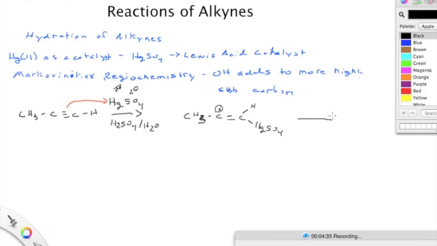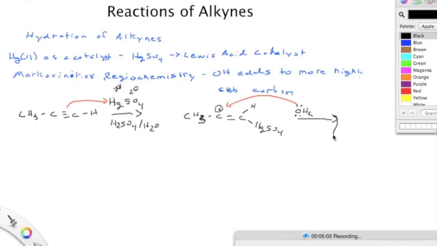And the next step is now our nucleophile. Remember, we're doing this in sulfuric acid and water, so we have lots of water hanging around. So the next step is to have our nucleophile come in, which is going to be our water. And it's going to attack, of course, our carbocation. I'm just going to draw this guy right down here.